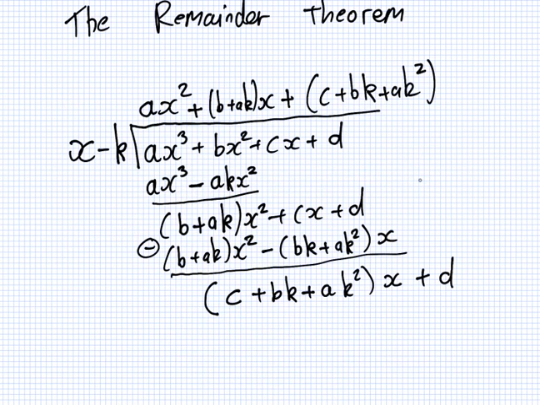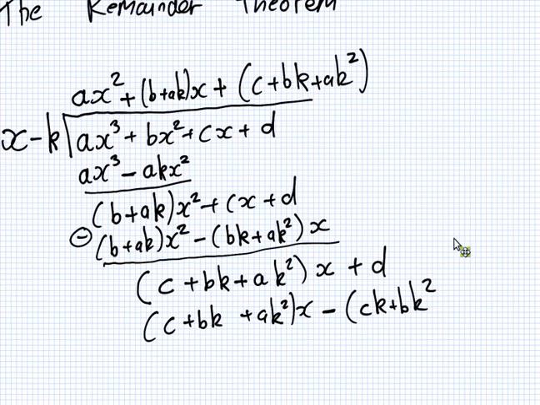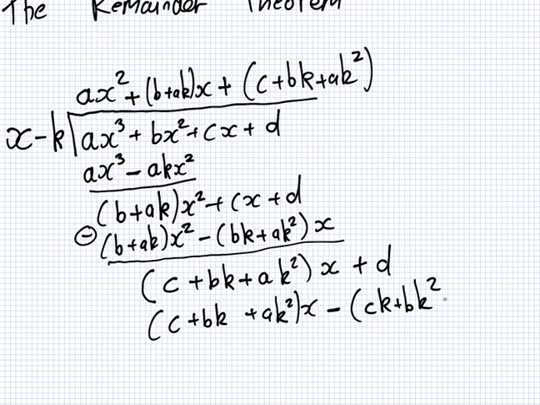So now when I multiply, I get c plus bk plus ak squared x minus ck plus bk squared, this one times this one minus ak cubed.